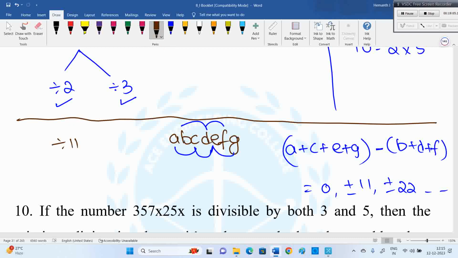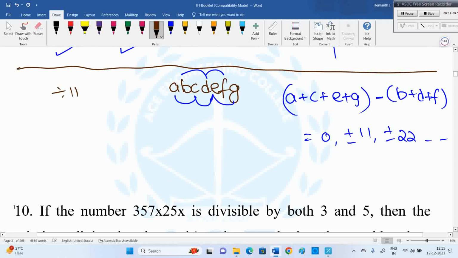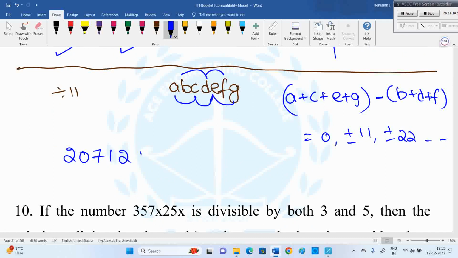Maybe with an example you can understand better. Is the given number divided by 11 or not? I gave it in terms of A, B, C, D, E, but let's see in terms of numbers. 207121, right. Now what are the alternate digits here? 2 plus 7 plus 2, and I'll add one more digit, like the 7-digit number I mentioned.